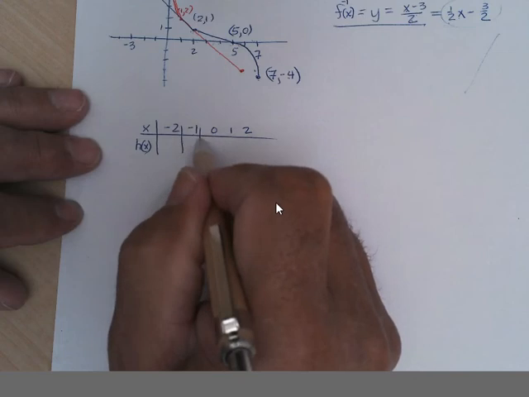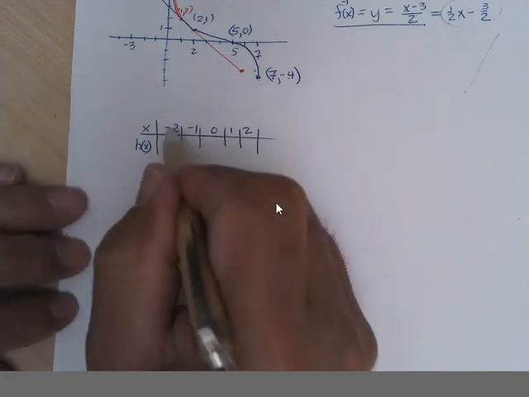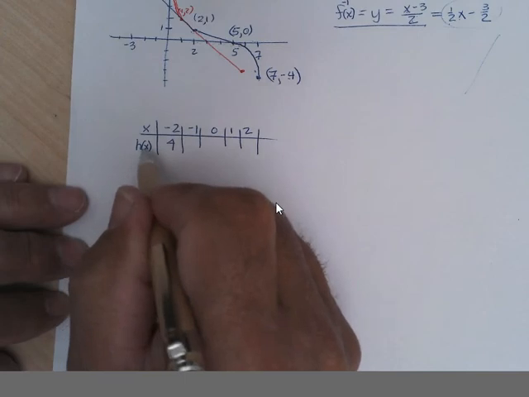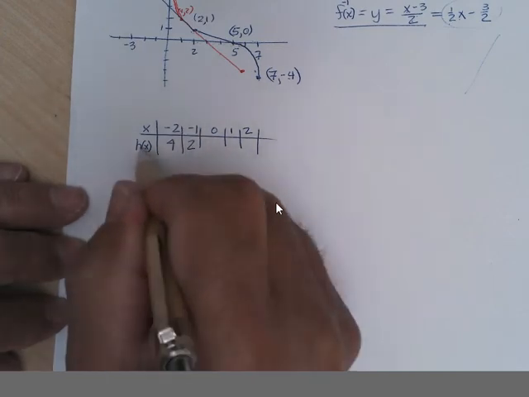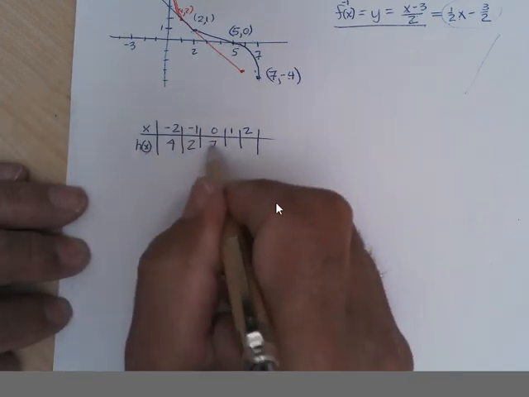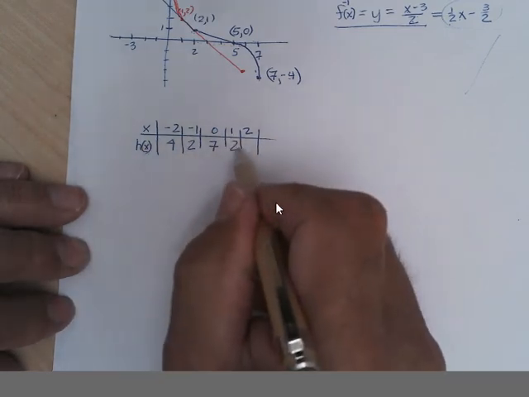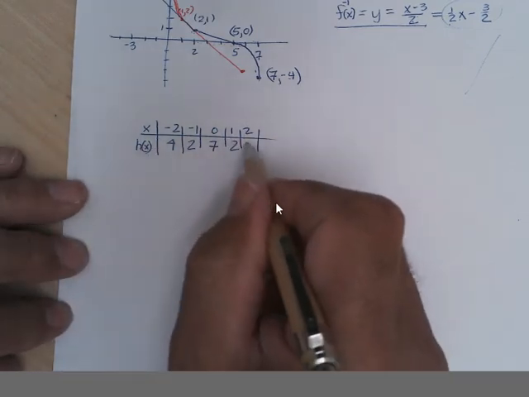They're not telling me what's going on with the other points, but I've just got those. And a minus 2, if I put it into h, let's say it came out to be a 4. A minus 1, I put it in h, I get 2. If I put in 0, I get 7. I'm just making up random numbers. I put in 1, I get 2. And I put in 2, I get, let's say, 5.